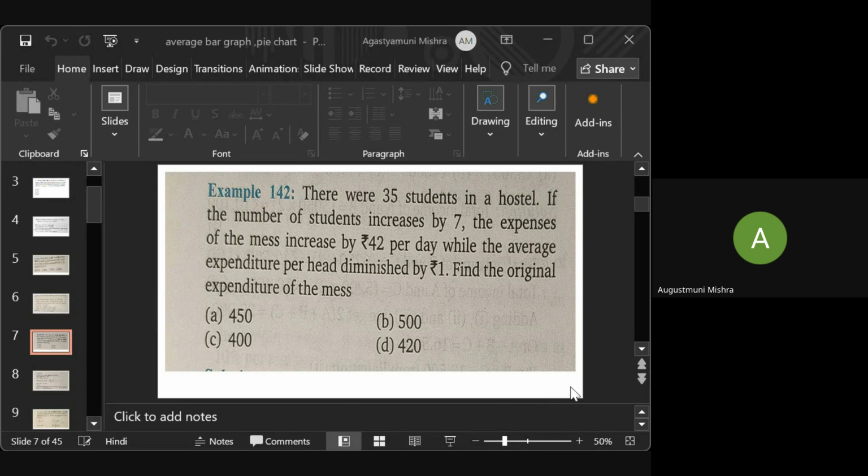At 7:58, I'm going to change it because we are on the data interpretation part. So I hope that tomorrow also we'll continue this, because tomorrow also we have lots of questions related to data interpretation.